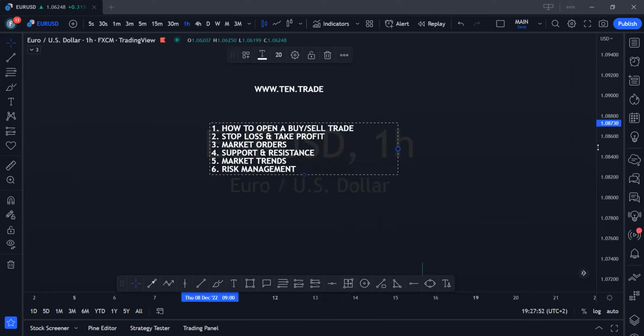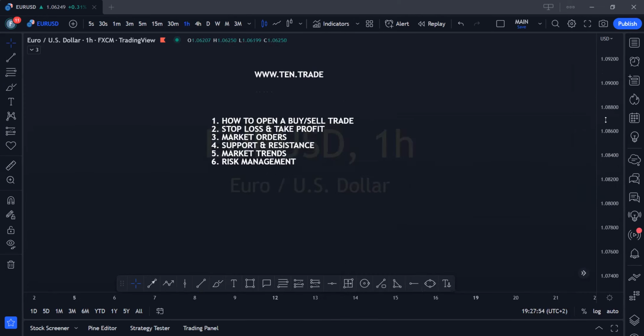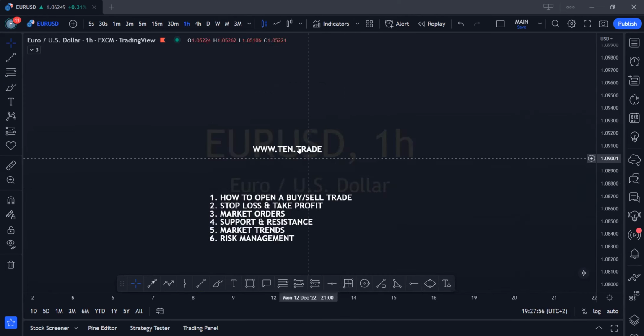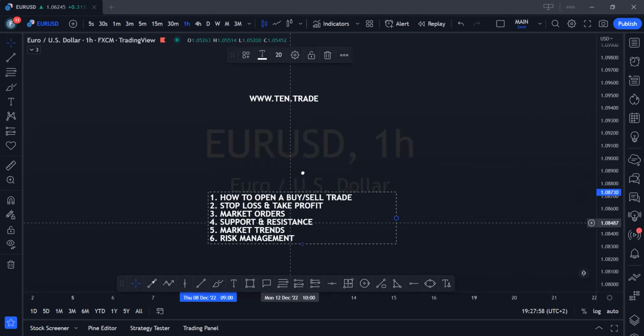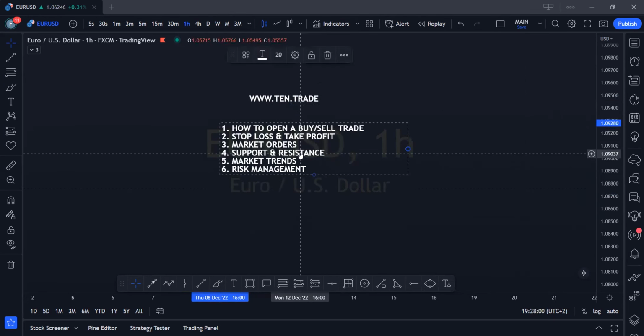Now, as we discussed yesterday, there are 2 major platforms that you can use to make your analysis, right? Number 1, and the highly recommended, is the MetaTrader 5. This is the MT5 platform.